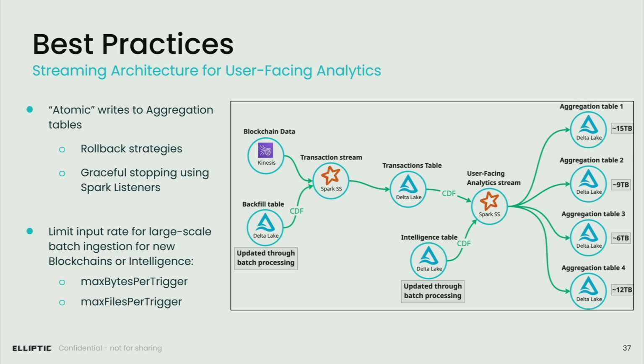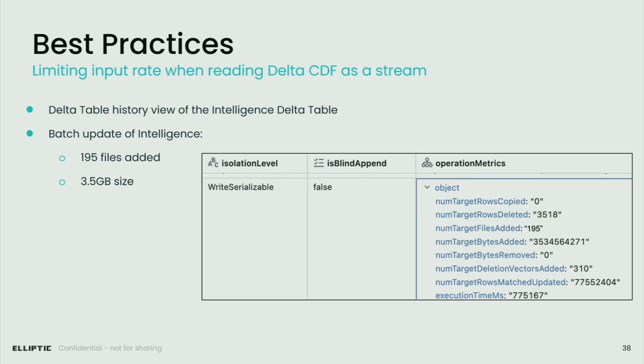The stream is configured to process at a certain capacity, and we don't want a big batch to cause lag to the other tables. So this is an example of the Intel table from the Unity Catalog, essentially.